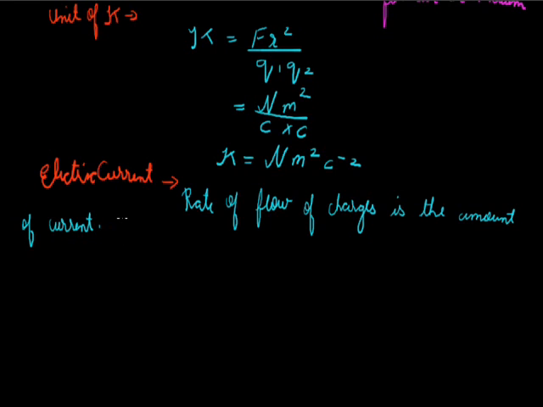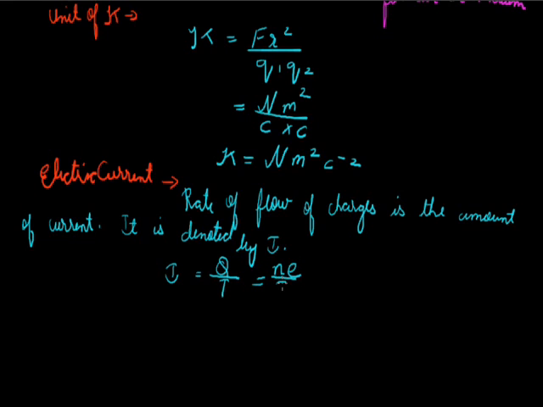It is denoted by I. I is equal to flow of charge with respect to time. So Q by T is equal to I. Q is equal to NE.